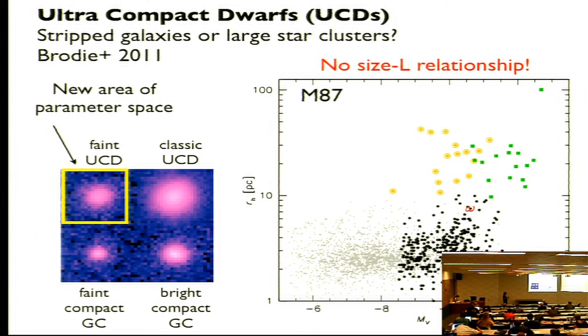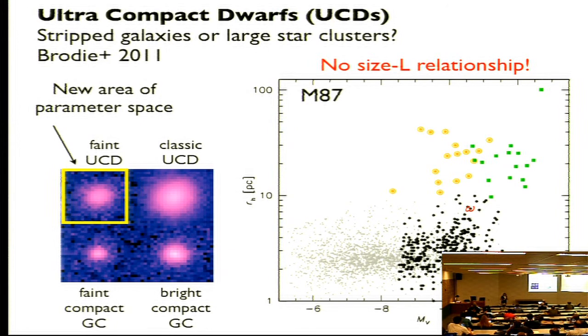And it was thought that there was a size-luminosity relation for these objects, which was used as a diagnostic to their origins. Well, what we were able to do was to push to fainter magnitudes than had ever been done before, and we found a new class of UCDs, these faint ones that had not been detected anywhere else, and clearly eliminated this size-luminosity relation.